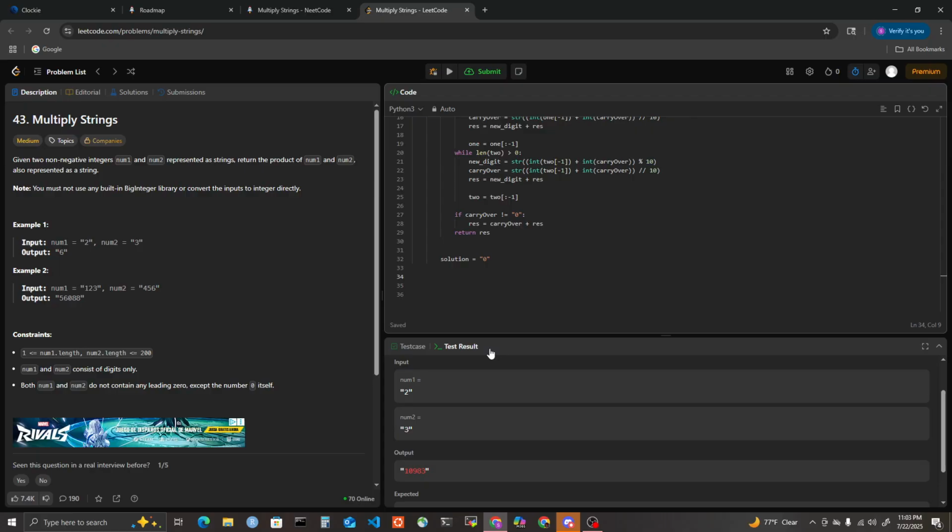Let's do a for loop. So we're going to do for, or a while loop. I think a while loop makes more sense. I'm going to say length of num1.